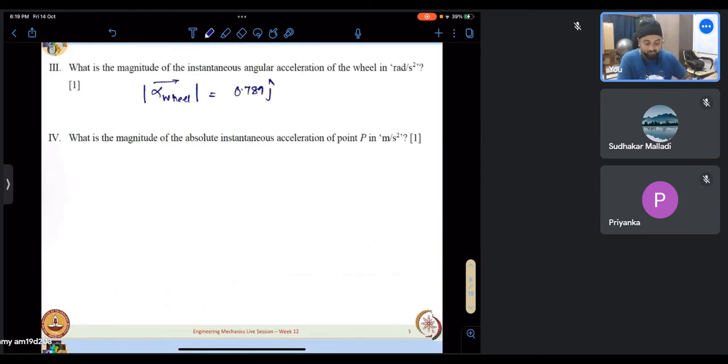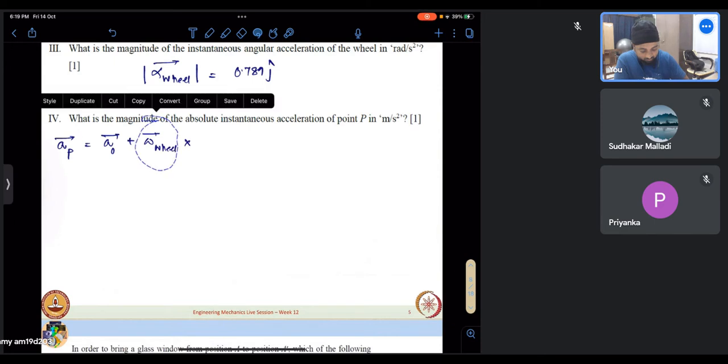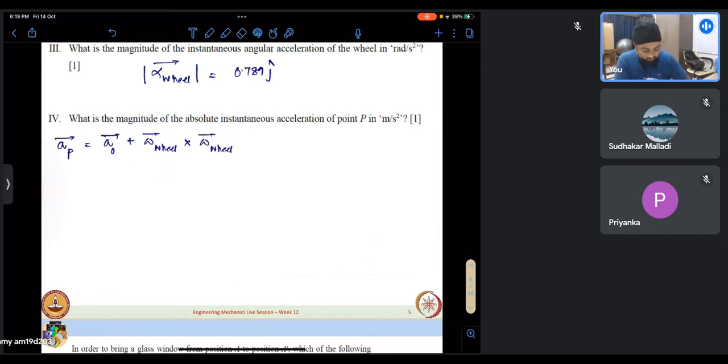Okay. So the logical next step is calculating the acceleration of P. So can we write that acceleration of P is acceleration of O plus omega wheel cross omega wheel cross R P with respect to O plus alpha of the wheel cross R P with respect to O. So we know these quantities.